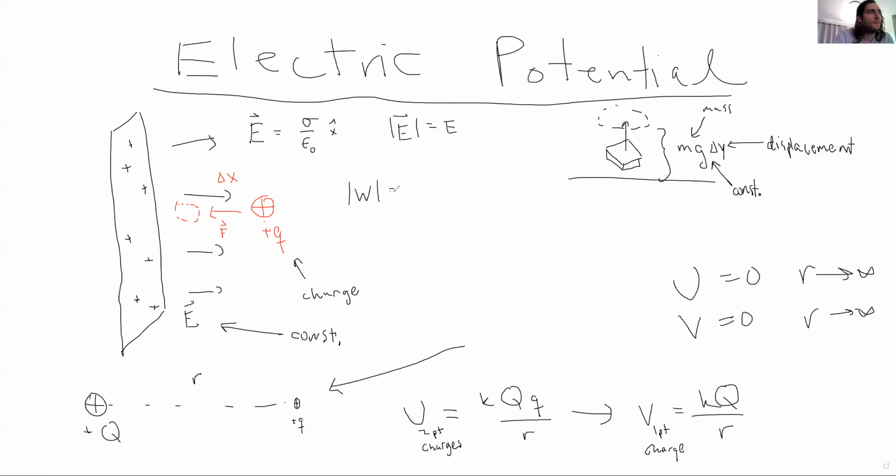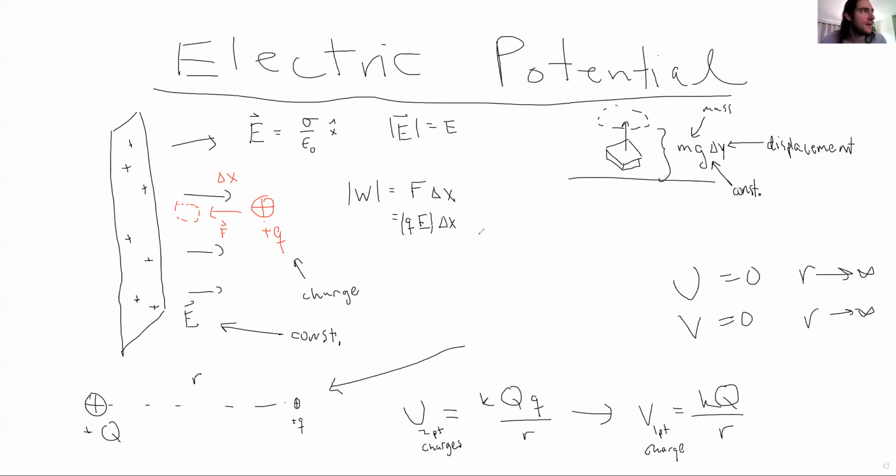Well, if we have a constant force like we do in this problem, the magnitude of the work done is simply going to be the force times the displacement, F times delta x. Well, that's going to be whatever this charge is times the magnitude of the electric field times the displacement delta x. So I've simply replaced the force with Q times E.